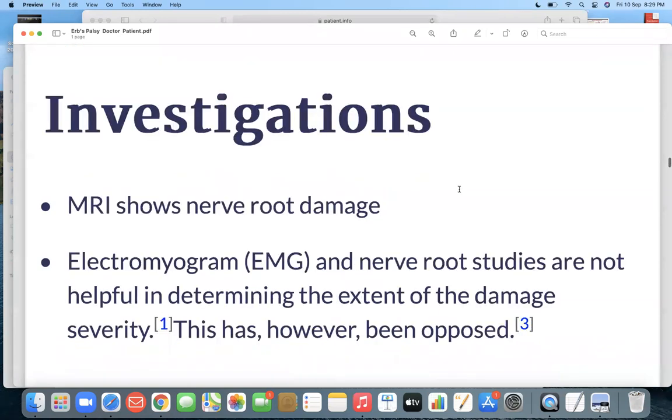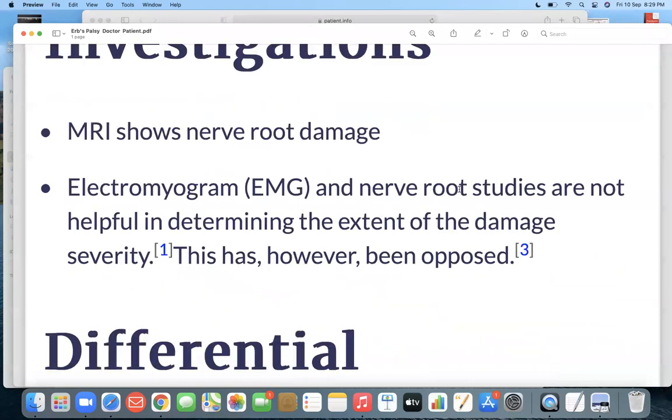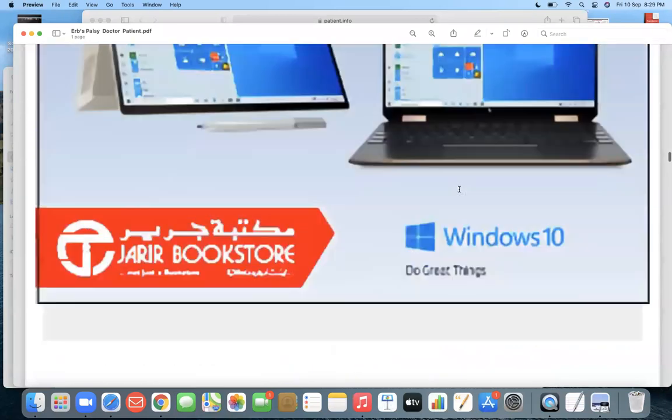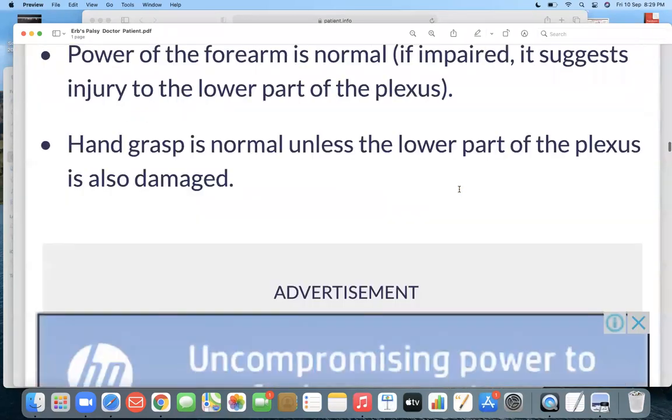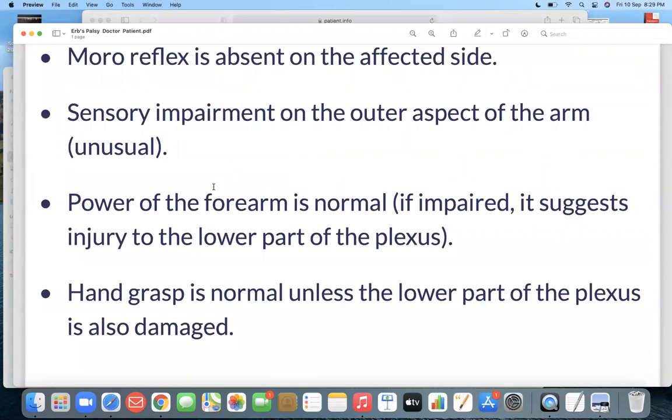They were speaking about the muscles of the forearm, right? Can you just show it again, Dr. Noor? Power of the forearm is normal, right? So if we check forearm muscles, basically we are checking wrist flexors and wrist extensors. Yeah, you're right.